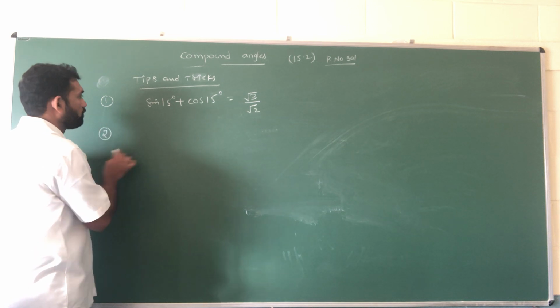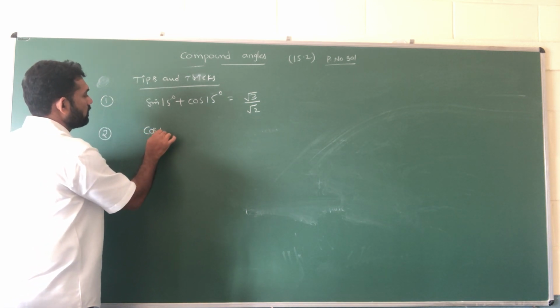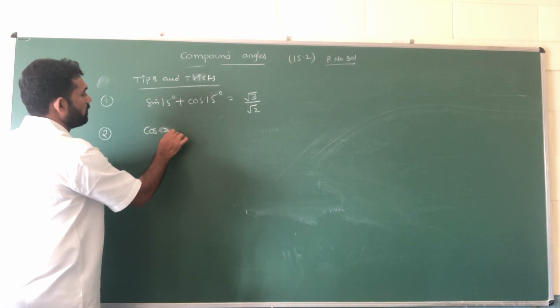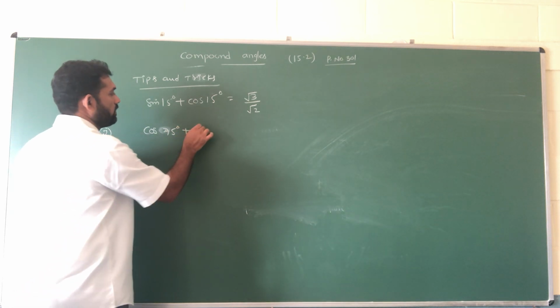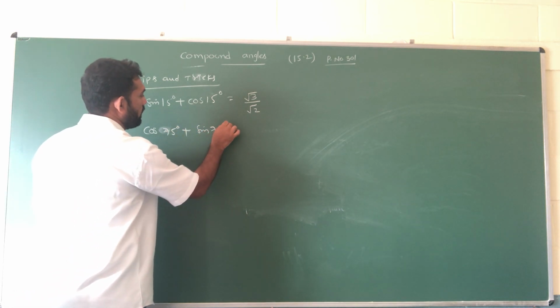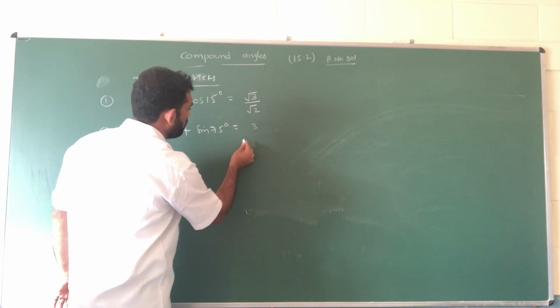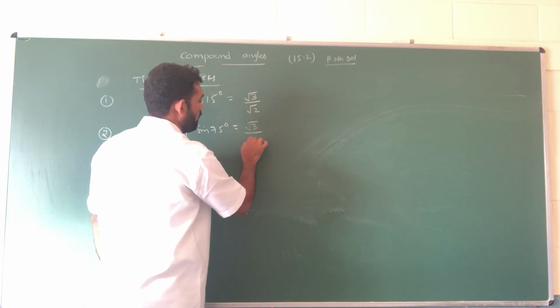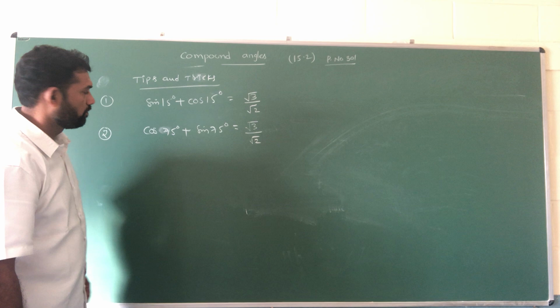Second point: cos 75 degrees plus sin 75 degrees is equal to, also simplified, root 3 by root 2.